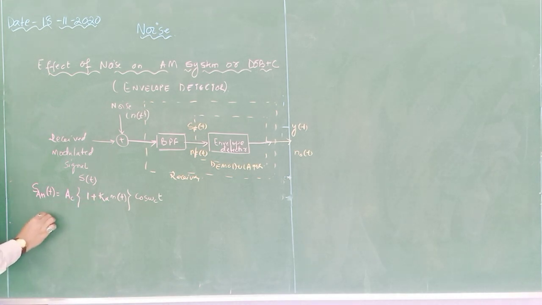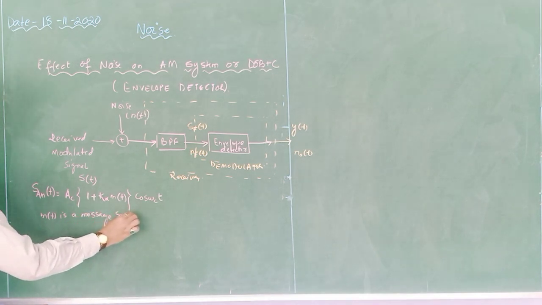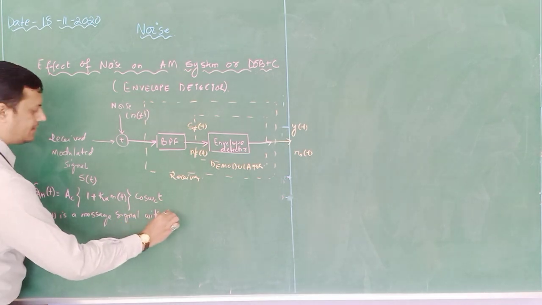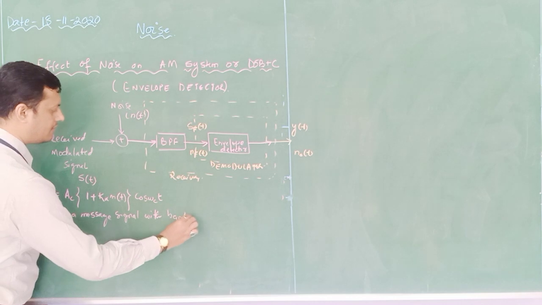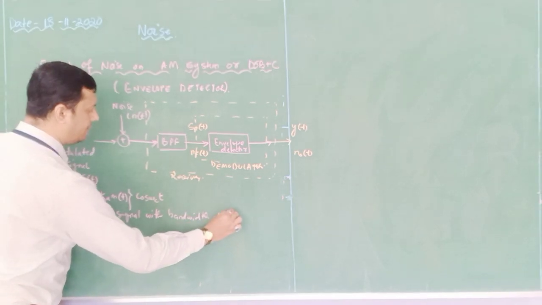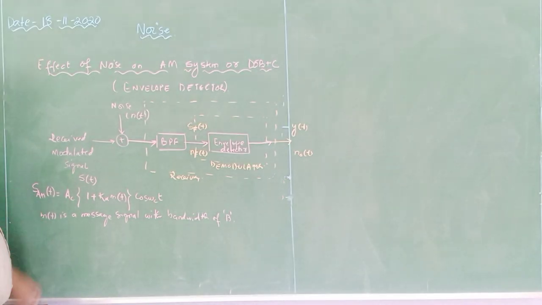In this, m of t is a message signal with bandwidth of B. Let us consider the bandwidth of the modulating signal is B. So this is my AM signal.